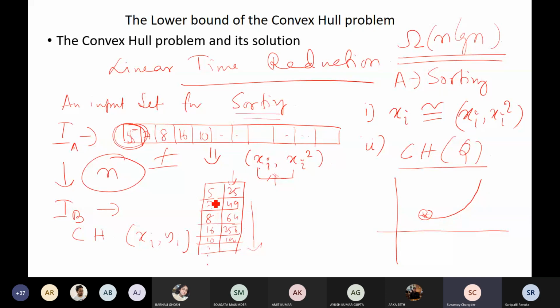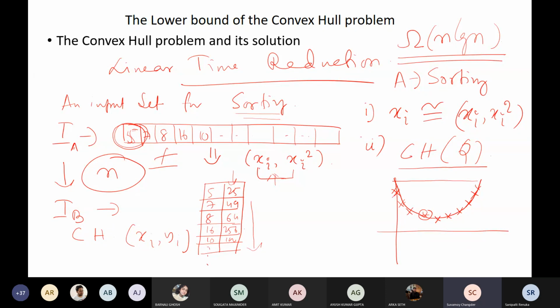If there are some values less than this, then also you can get this. So you can get a parabola like this. All the points here are on the boundary, which is also a convex hull. This is also a convex hull.